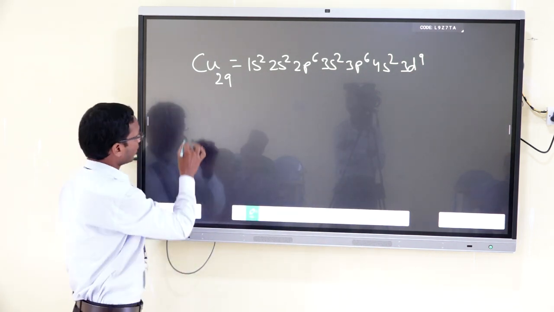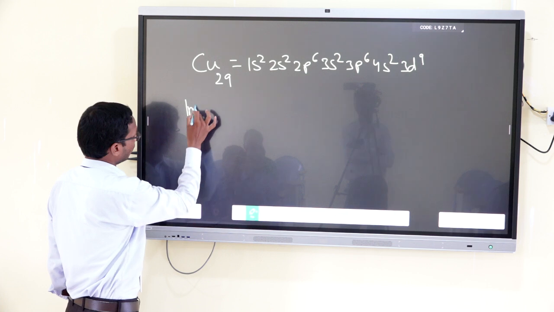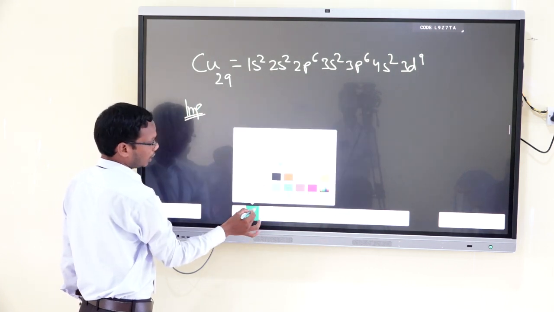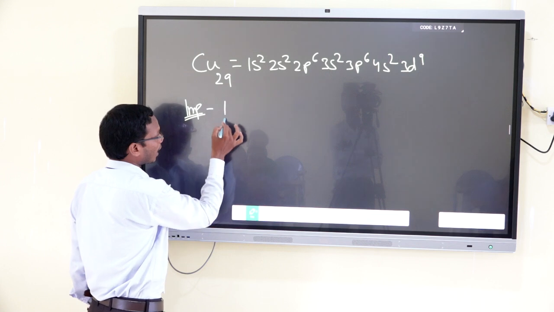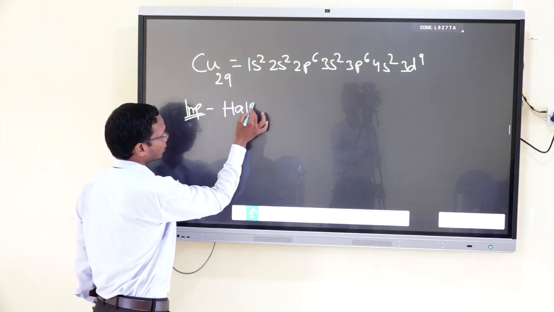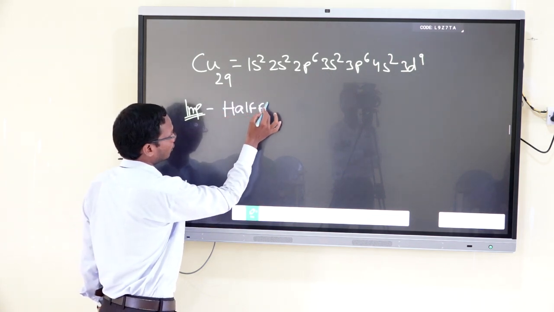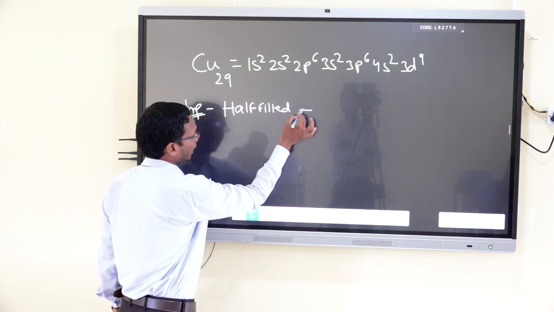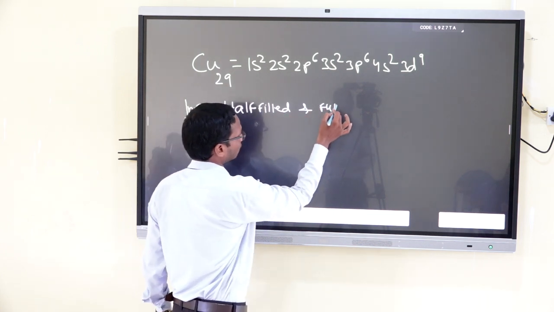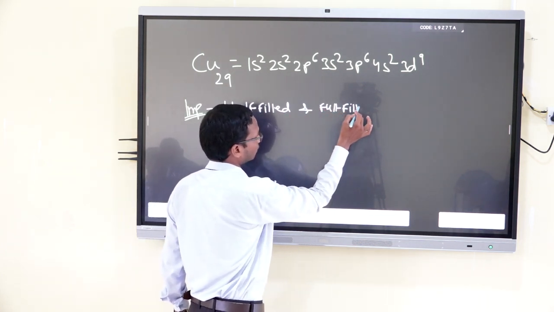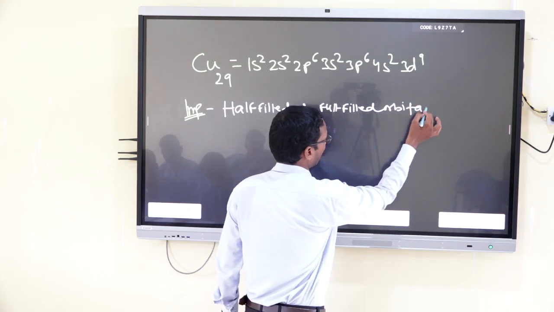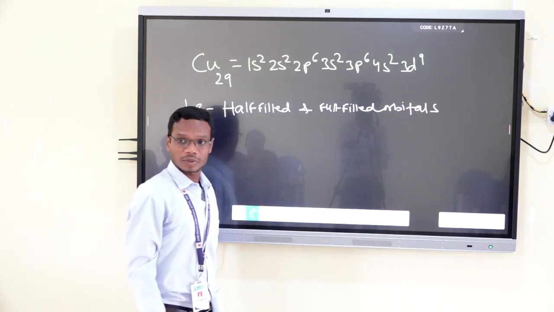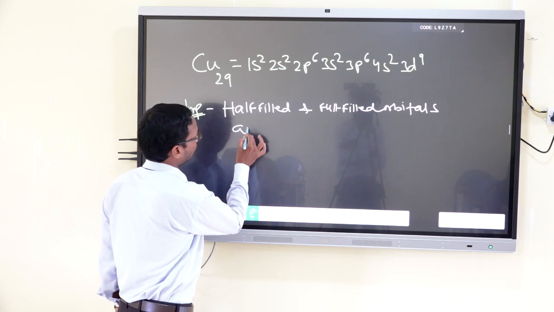But the important point of electronic configuration: half filled and full filled orbitals are more stable.